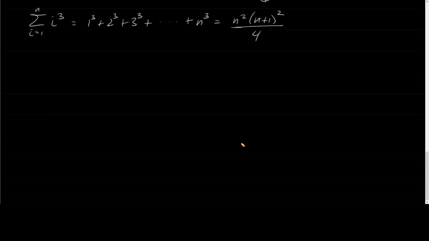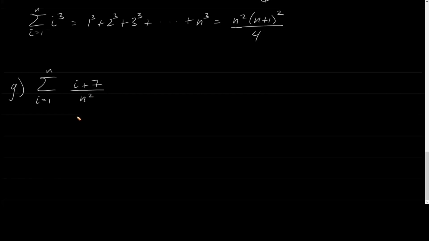So, example G. Let's say that we have the summation from i equals 1 to n of (i plus 7) over n squared. In here, let's notice something.